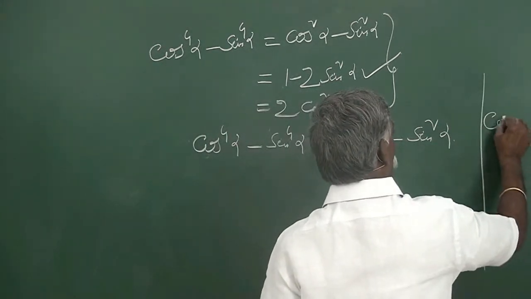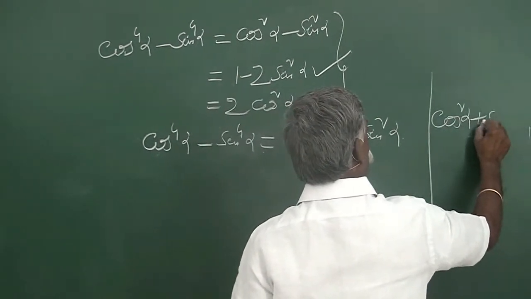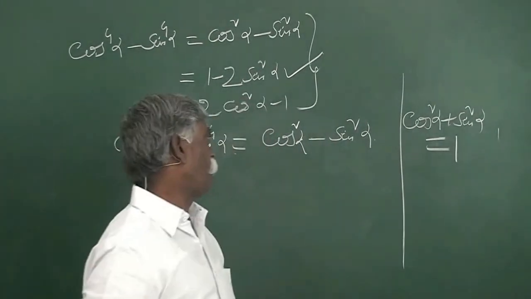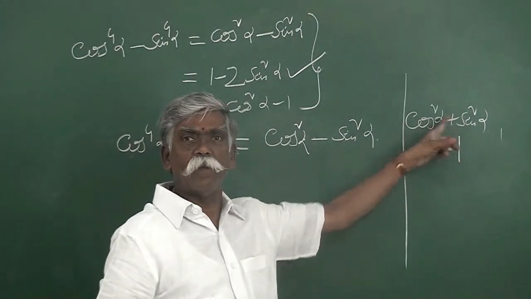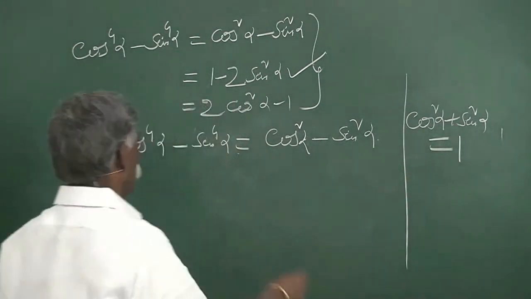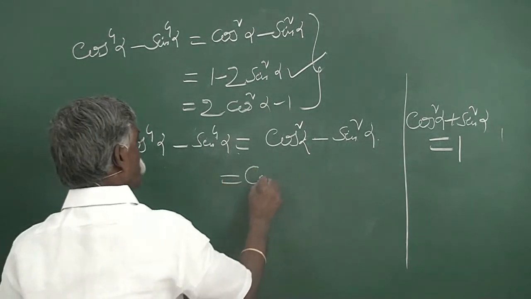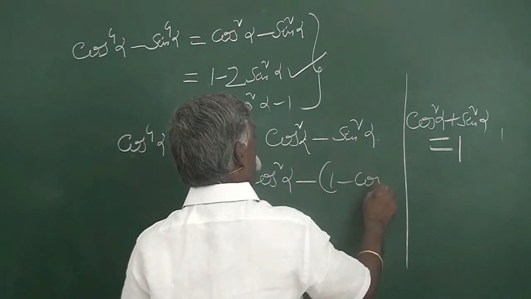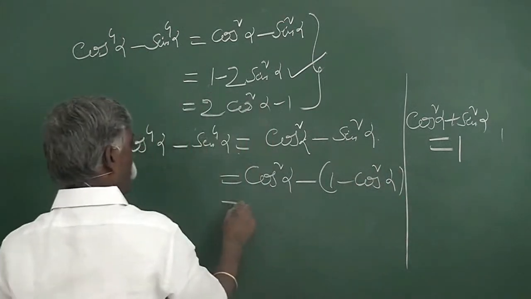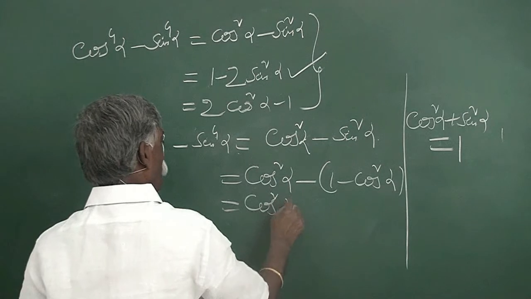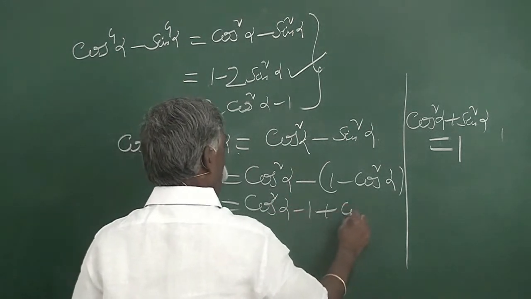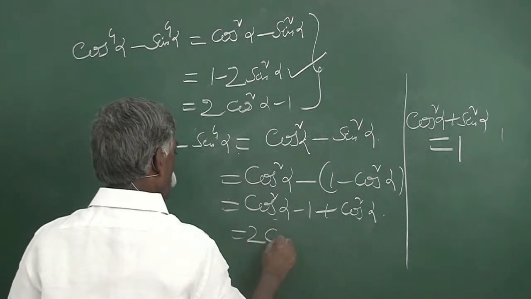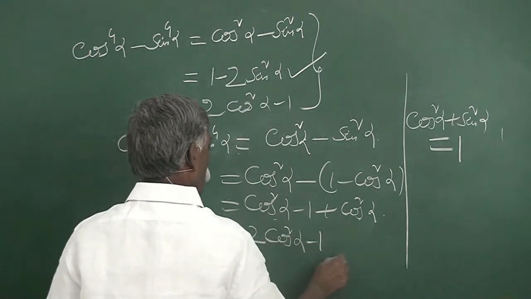Now, cos square alpha plus sine square alpha is equal to 1. Therefore, sine square alpha can be written as 1 minus cos square alpha. Therefore, this is cos square alpha minus of 1 minus cos square alpha. Therefore, this is cos square alpha minus 1 plus cos square alpha.